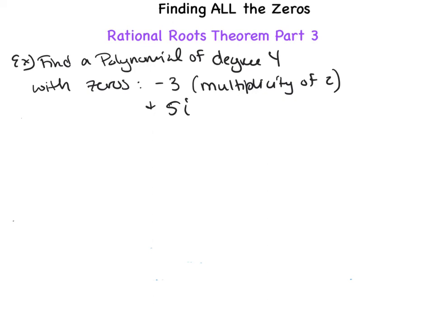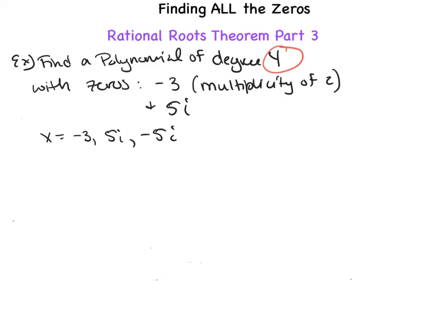Okay, so now for starters, if we have degree 4, we're hopefully looking for 4 zeros. And I can see 2 of them pretty clearly. So we would have x equals negative 3 and x equals 5i. And just like in the last example, there's a complex number, an imaginary number, so its conjugate, negative 5i, must also be a zero. And I want to talk about multiplicity.